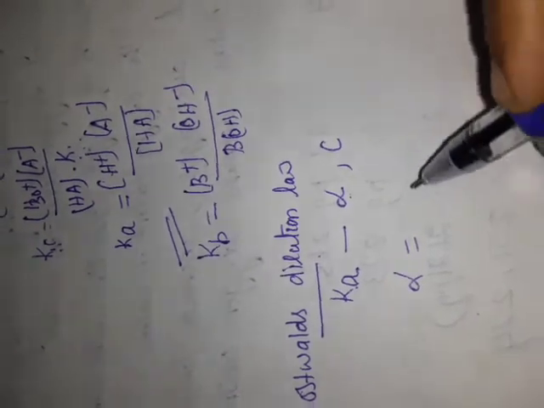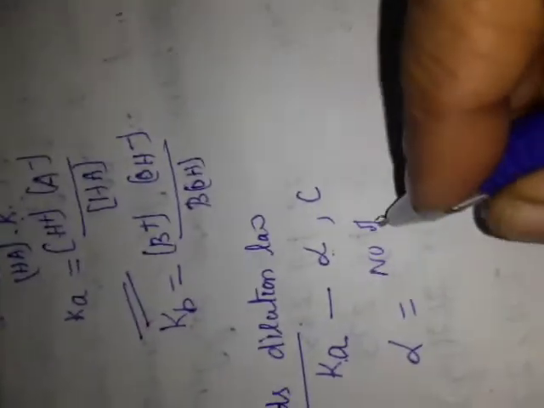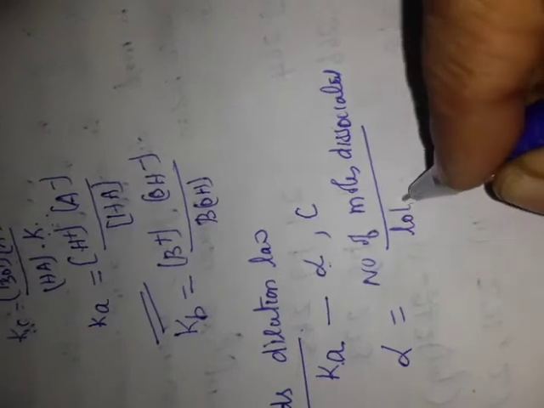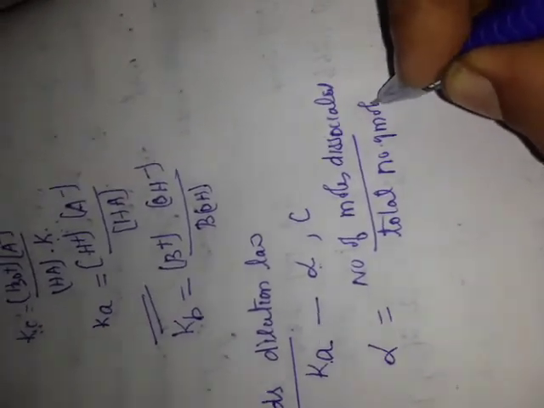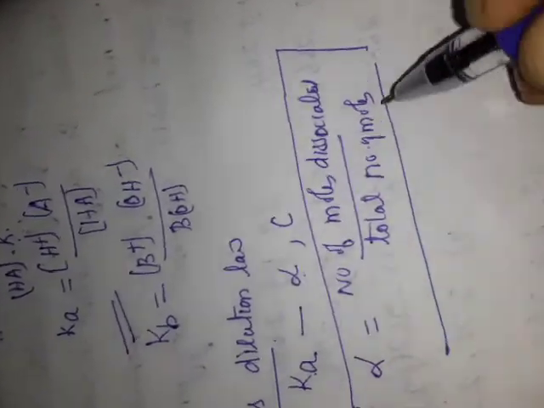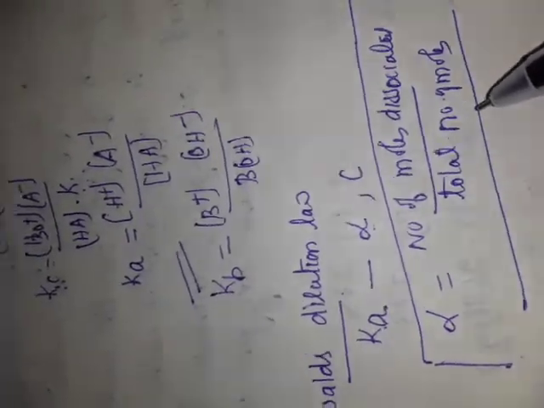Alpha is equal to the number of moles dissociated by the total number of moles. This formula I have to learn. Alpha equals number of moles dissociated to total number of moles.